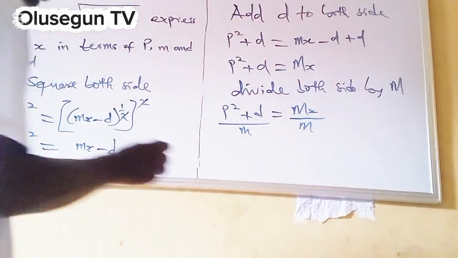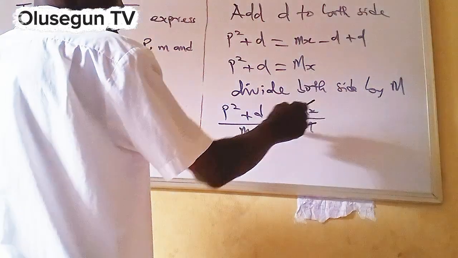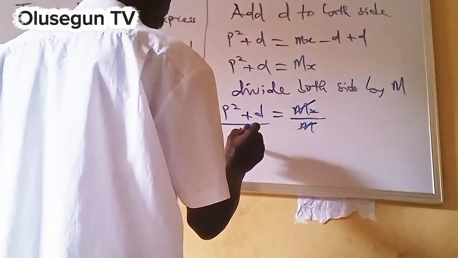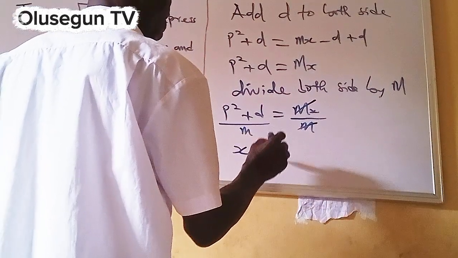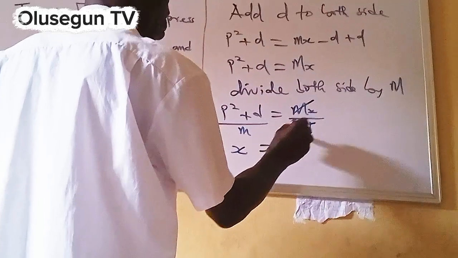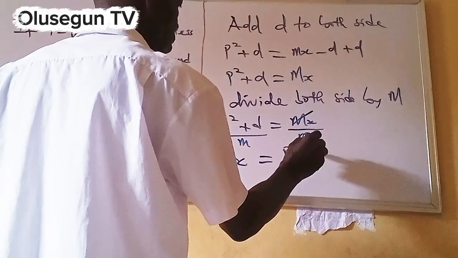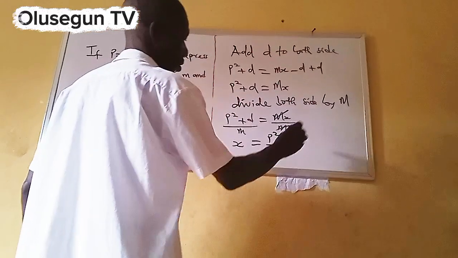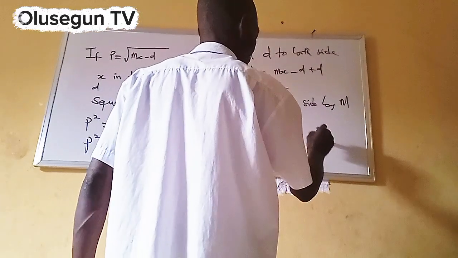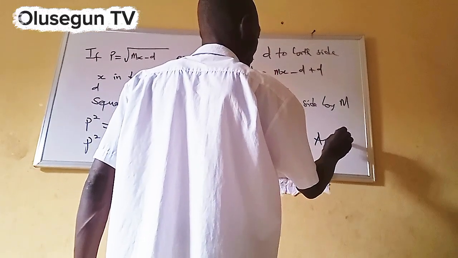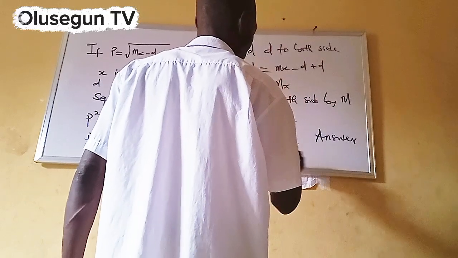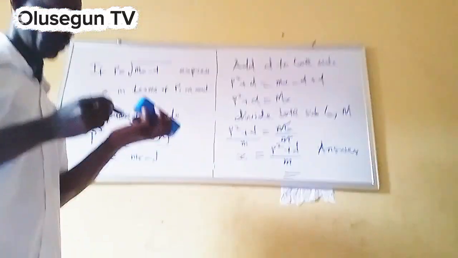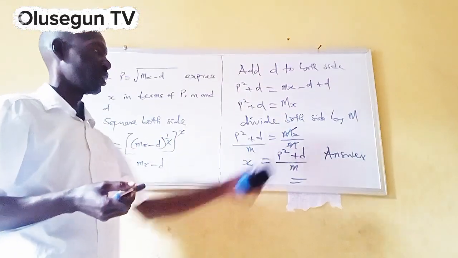So this will cancel this. So you have x is equals to p square plus d over m. This is your final answer.